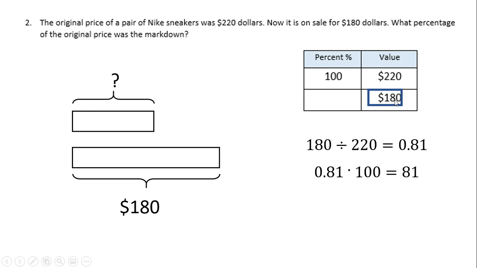This time it's on the bottom right corner of the table. We're dividing first by the same side. We're multiplying by the opposite side. We would have paid 81% of the original price, which means we got 19% off.